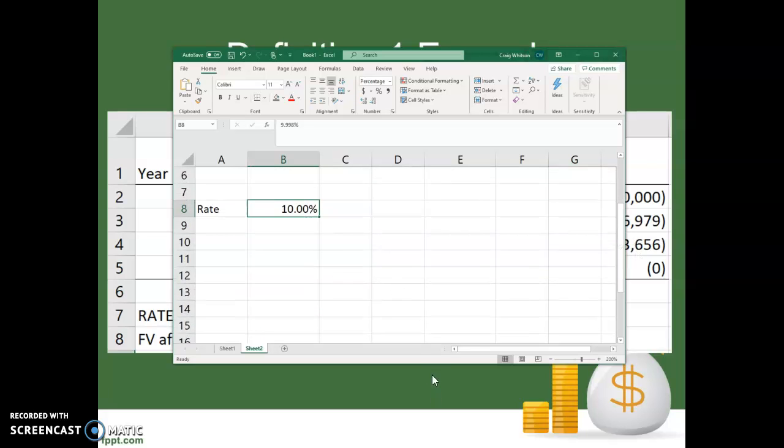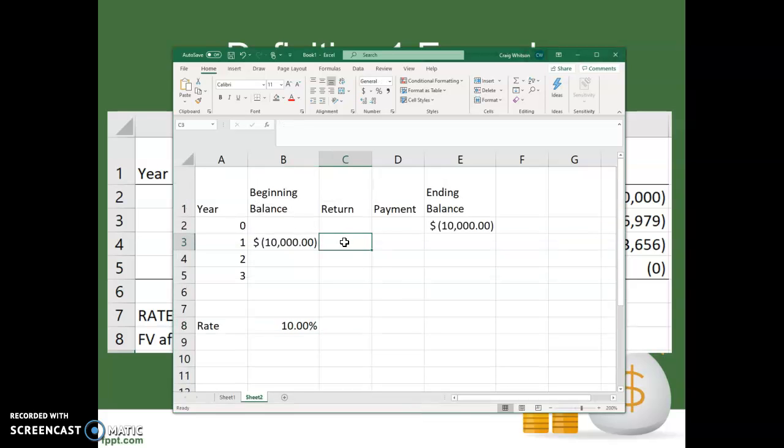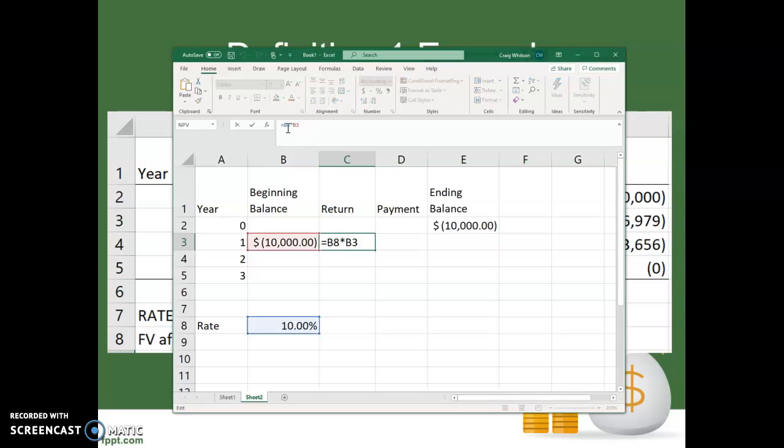Okay, and let's make this a little bit bigger. There we go. So the return that we receive is equal to this percentage of the balance. And it's a positive return. And let's lock in this B8 cell.